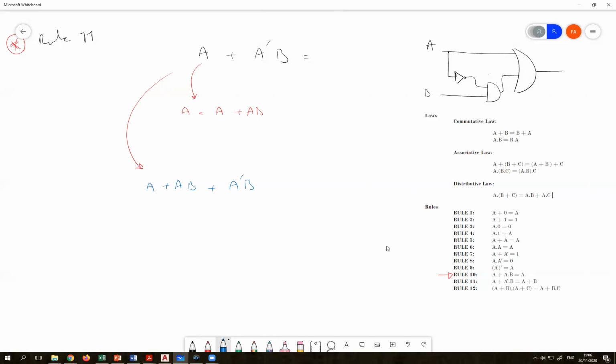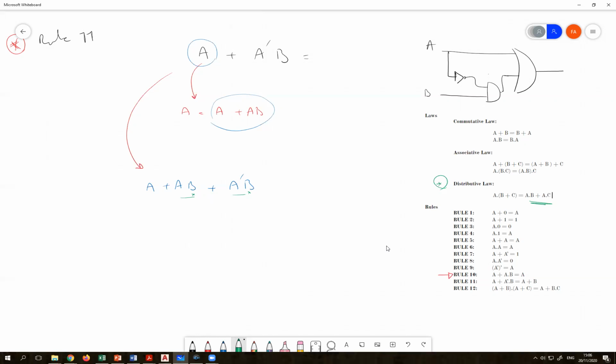What I did, I substituted A with A or AB, which I got from the previous rule. Now I have these two. In both of them, A is the common factor, distributive rule. Whenever you have the distributive rule, you can take a common factor.